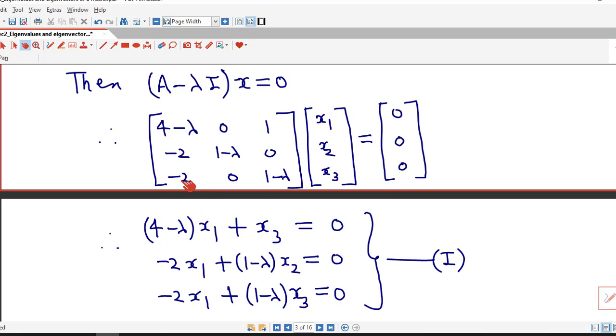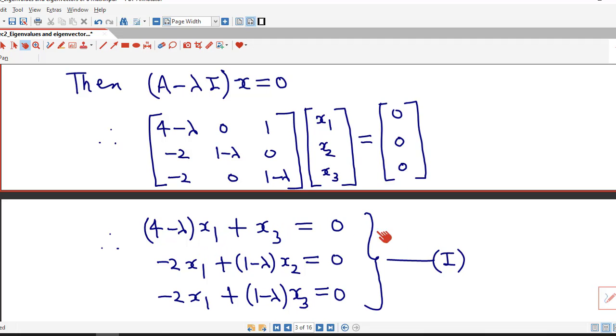Then third row into first column, minus 2 into x1, 0 into x2 plus 1 minus lambda into x3 equal to 0. So this system we have written in this form. Here lambda is an eigenvalue and x1, x2, x3 are unknowns. They are the components of eigenvector x.